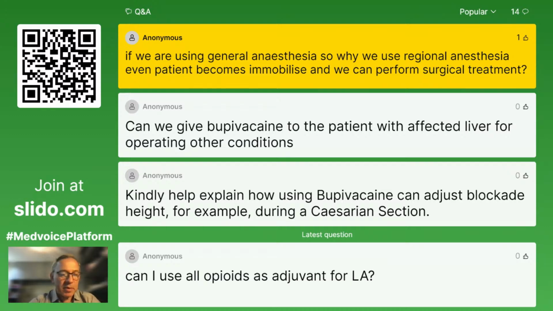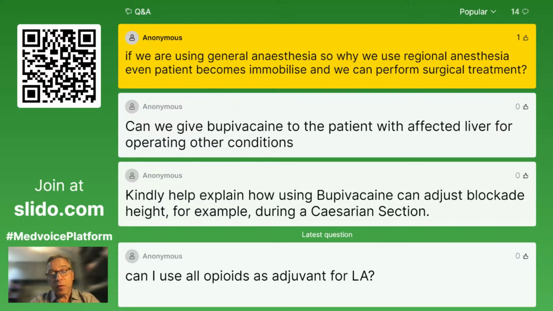It's the sleeping part of a general anesthesia, which could be provided by inhalational or intravenous agent. It's the analgesic part of a general anesthesia, which will be provided by an opioid, whatever opioid you use, morphine, fentanyl, sufentanil, alfentanil, remifentanil, and whatnot, and muscle relaxation, which sometimes is required, sometimes is not.